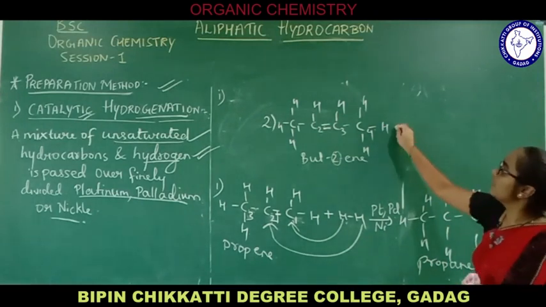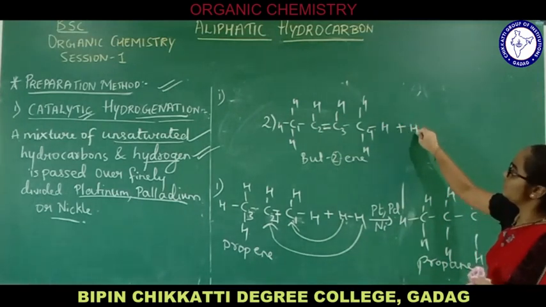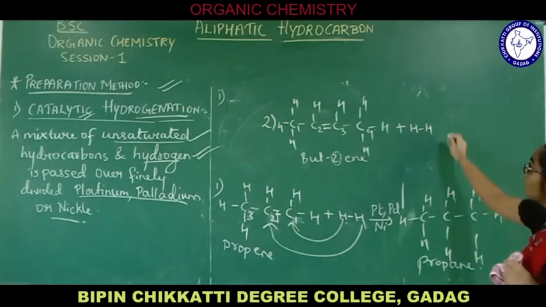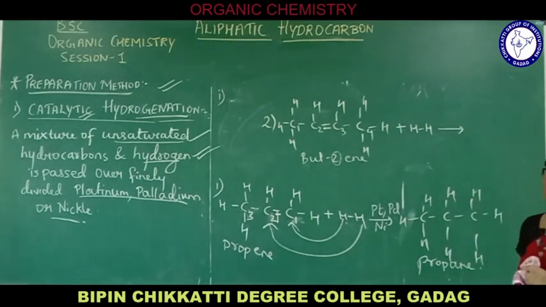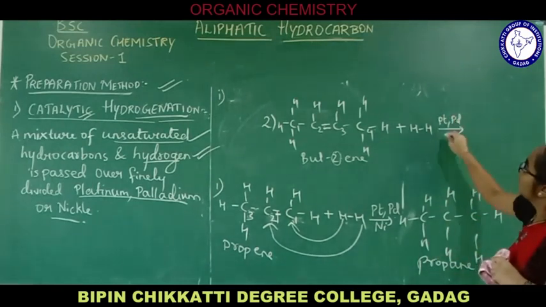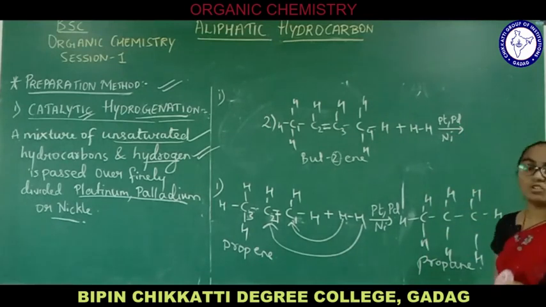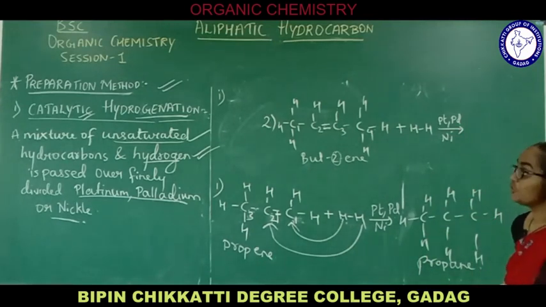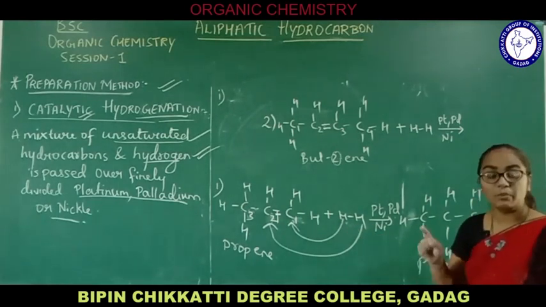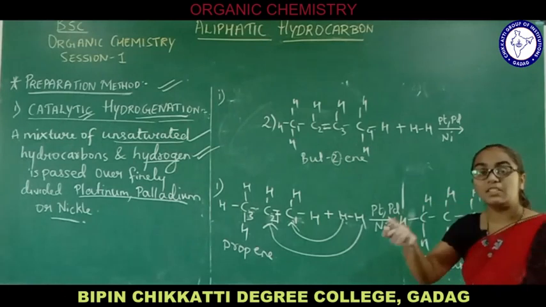Now let's do the reaction with hydrogen, when hydrogen gas is passed in the presence of the most important catalysts, which are platinum, palladium, or nickel. These are the most important catalysts used for hydrogenation. Here we said that the reduction will take place at the carbon-carbon double bond.